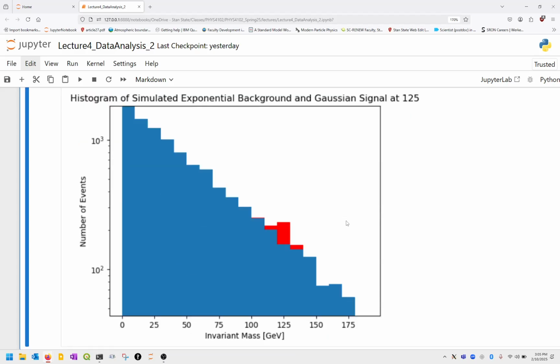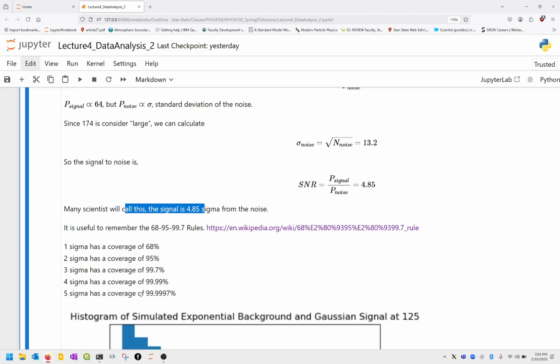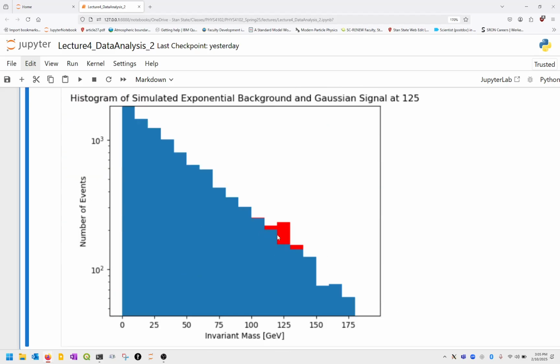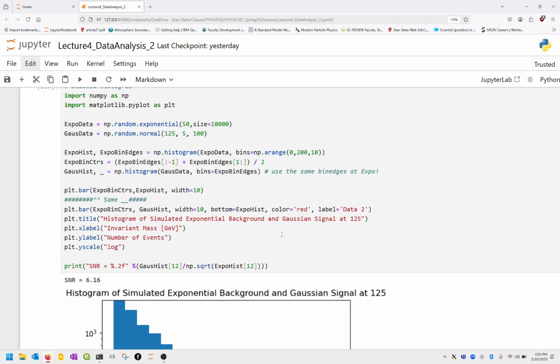So what we calculated was that the signal to noise was 4.8, and in this case it's actually still not enough for a discovery, because it's slightly under 5, and that's what this will look like. All right, do I have more to talk about?